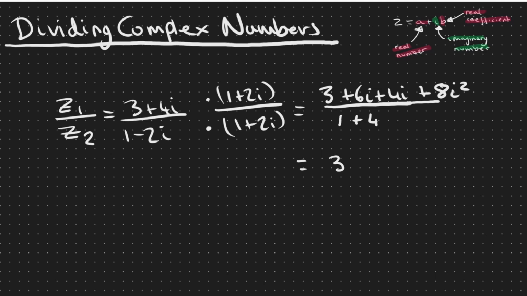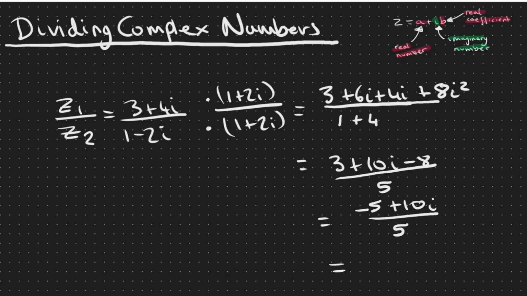Is equal to 3 plus 6i plus 4i, which is 10i, minus 8, the i squared is equal to minus 1, over 5. And then you get the answer, 3 minus 8, you get minus 5 plus 10i over 5. And here you can very simply write it as minus 1 plus 2i. There you go, final answer, minus 1 plus 2i.